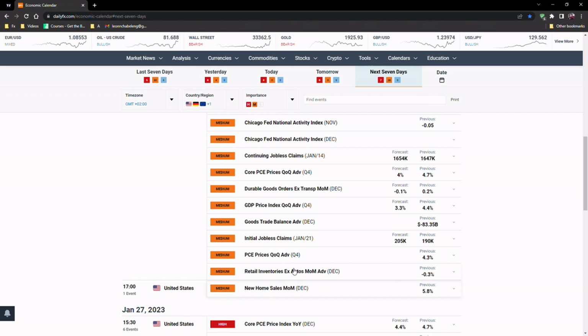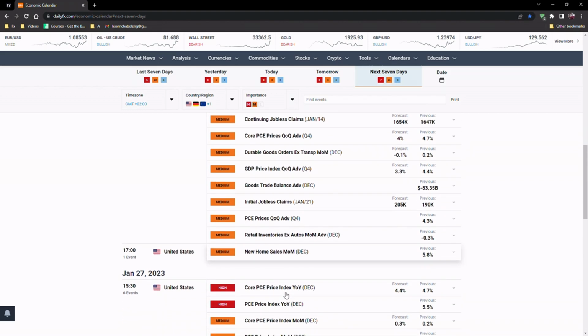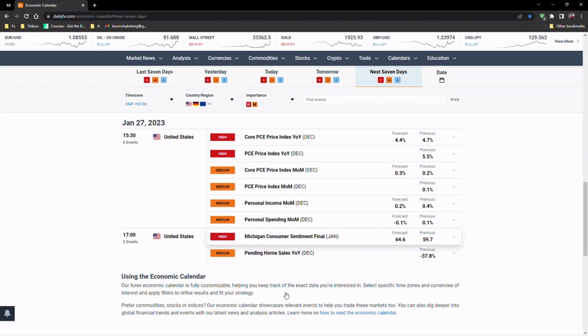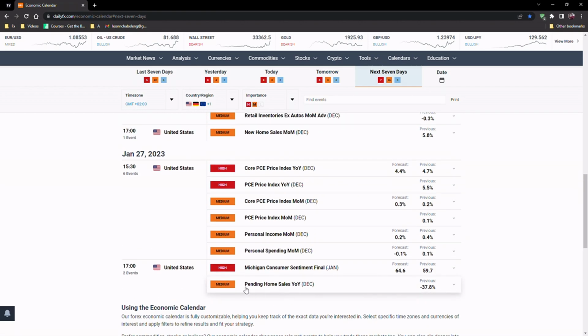So we do have those huge fundamentals to look out for on Thursday. Closing the week, we don't have a lot, but the personal core price index as well, you must be on the lookout for those ones. That's going to be the fundamentals for the week.